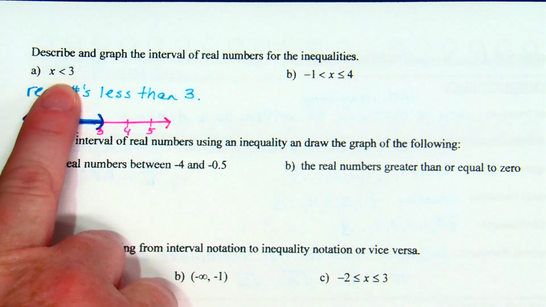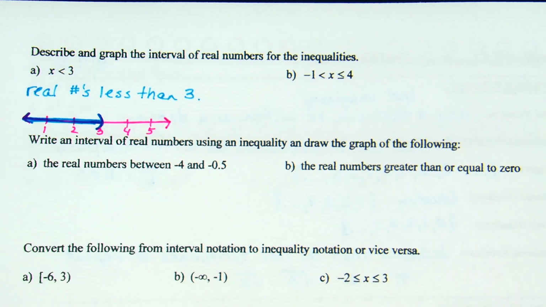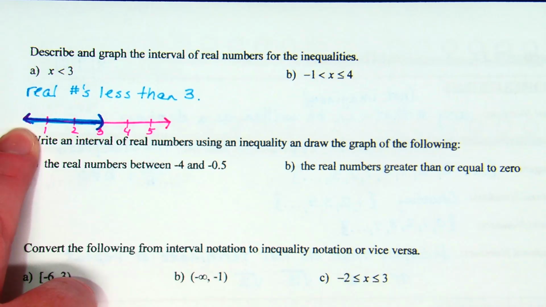This is what I would call an inequality. It uses a less than or greater than sign. How do we write this with interval notation? Interval notation says, look at your graph. Where does the shading begin here?